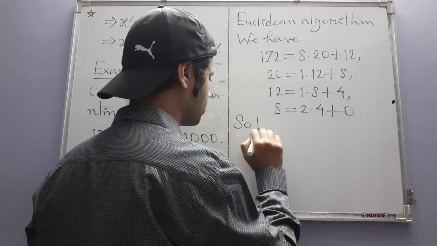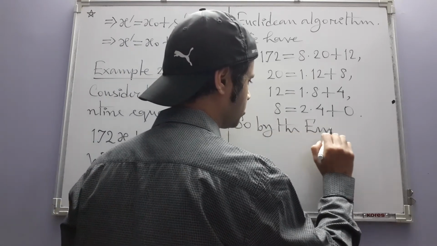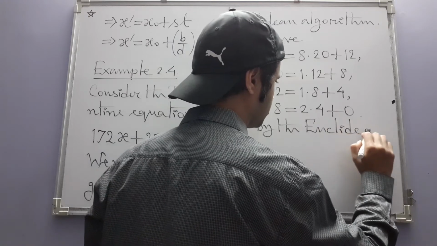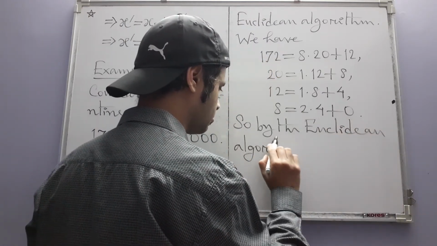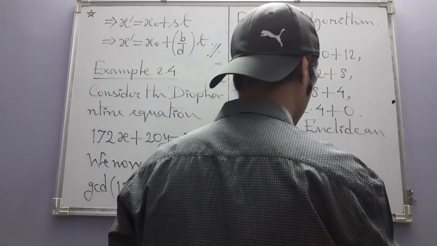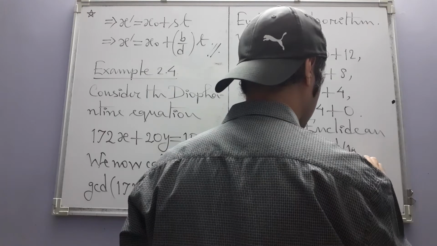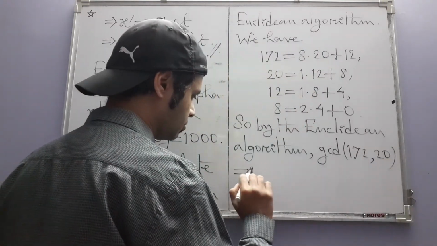So by the Euclidean algorithm, this is equal to 4.